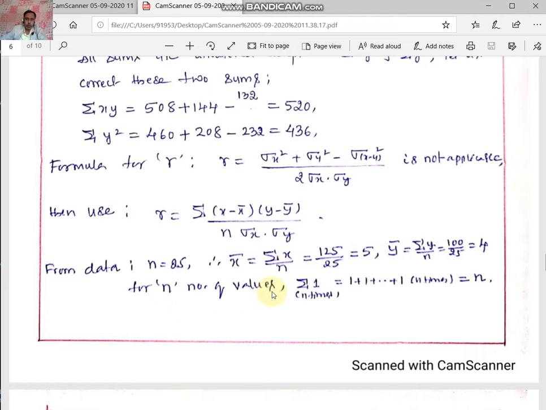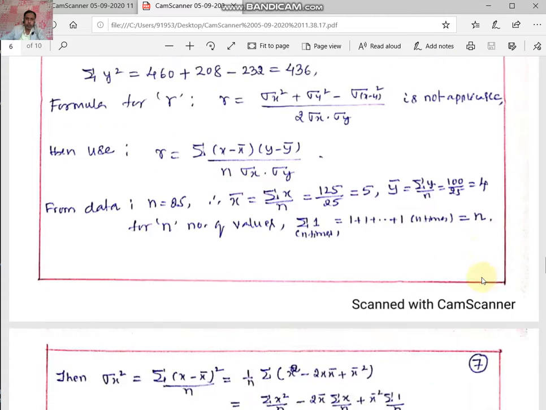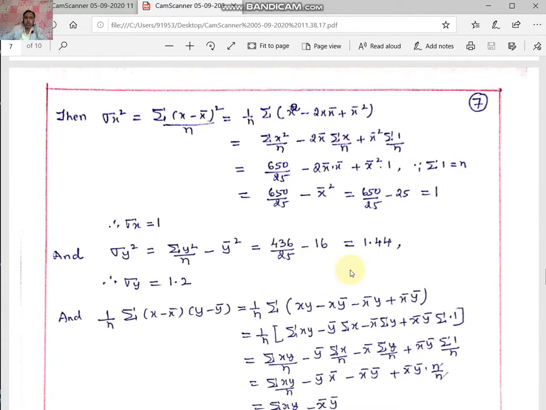For n number of values, sigma 1 is always 1 plus 1 plus 1, n times, which is n. This is one calculation. Now, the definition of sigma x square is sigma of x minus x bar whole square by n. That is nothing but 1 by n into sigma.